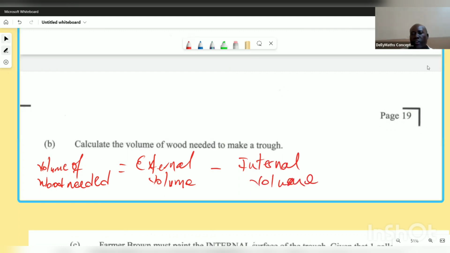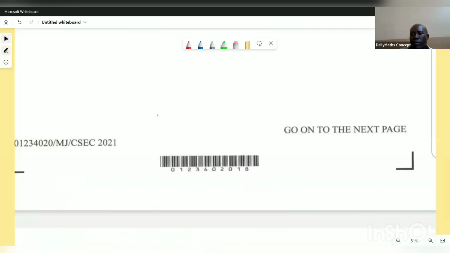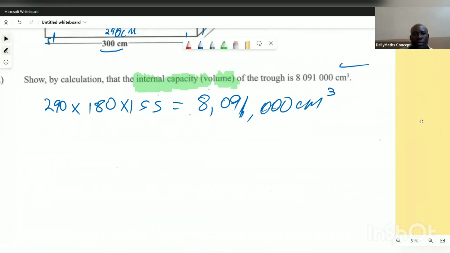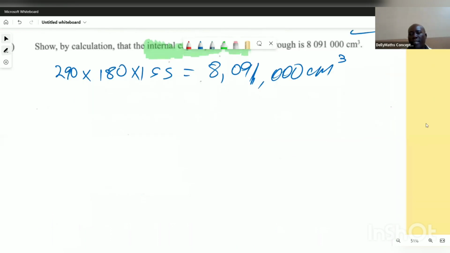So let's go for the external volume. For the external volume, we have to use the measurements from the outside, which are 300 by 190 by 160.